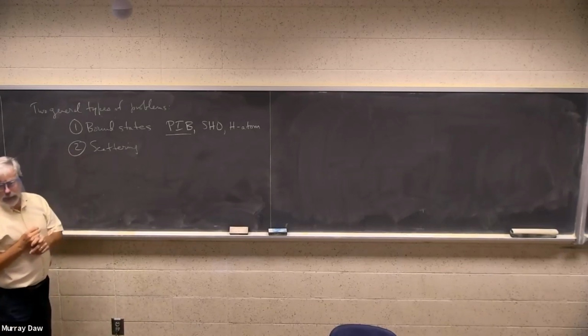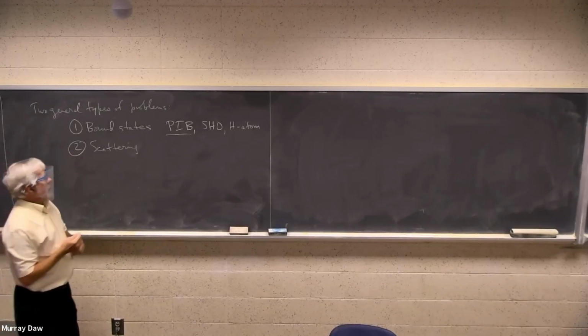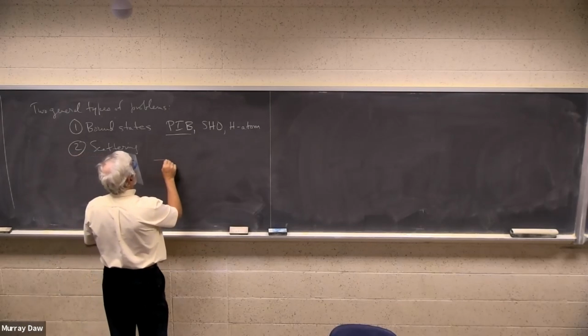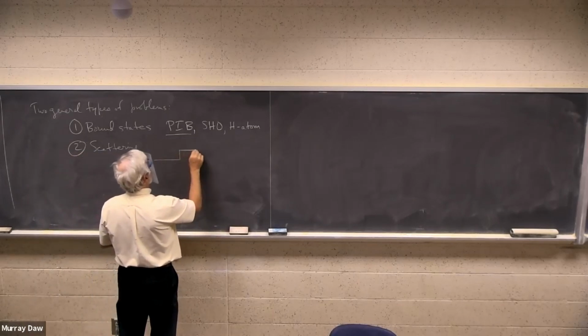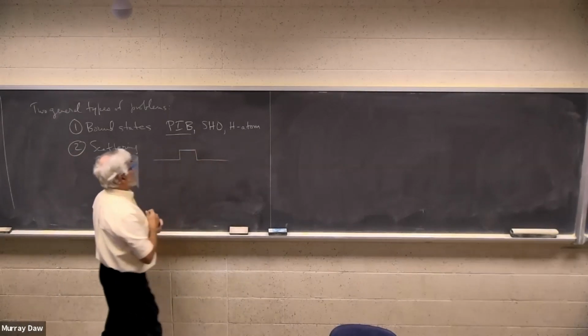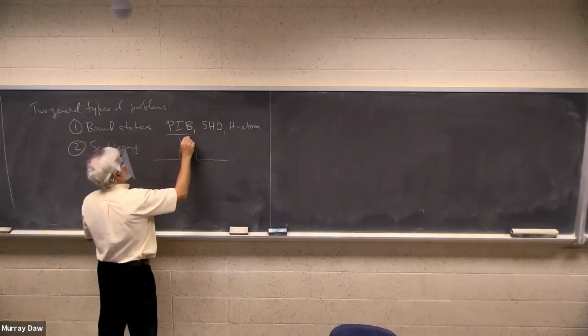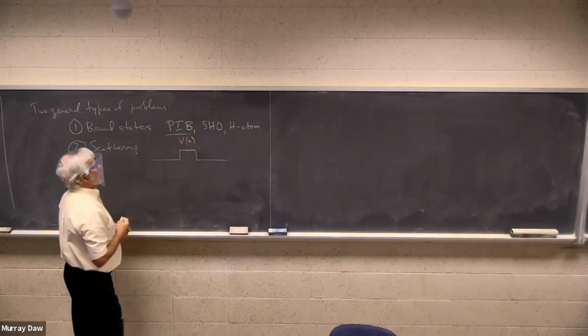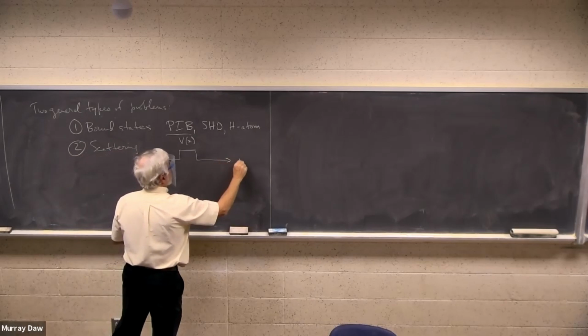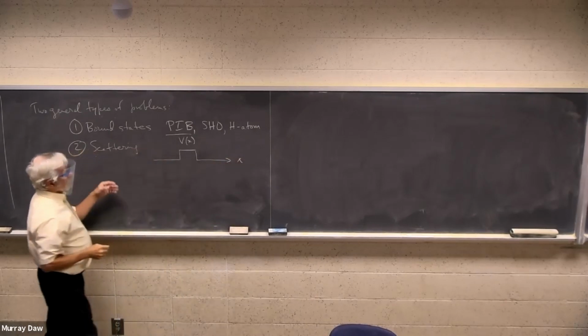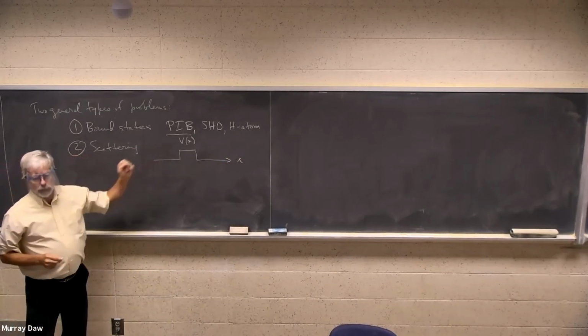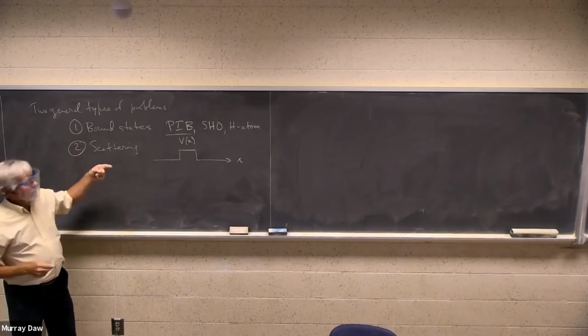Now we're going to do some scattering problems. A simple problem would be to have a potential energy as a function of x, and you send a particle in with some energy.